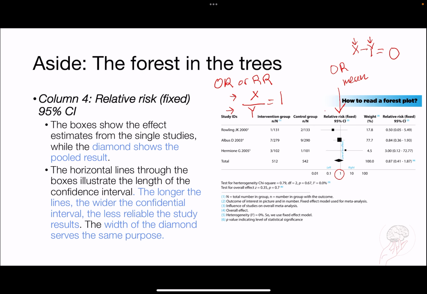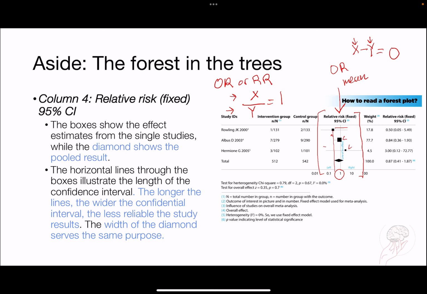So you'll see in this part that we have a bunch of boxes, and these boxes have lines. The box represents the effect estimate of a single study. So for this first one, the relative risk was, let's see, we'll say 0.5.